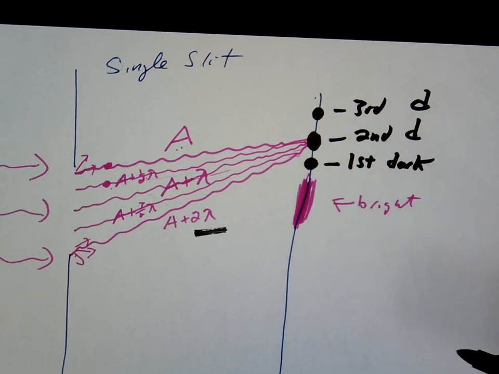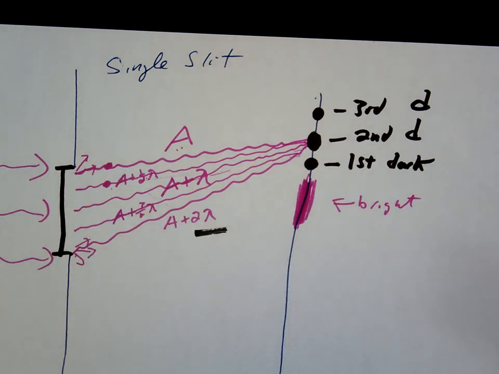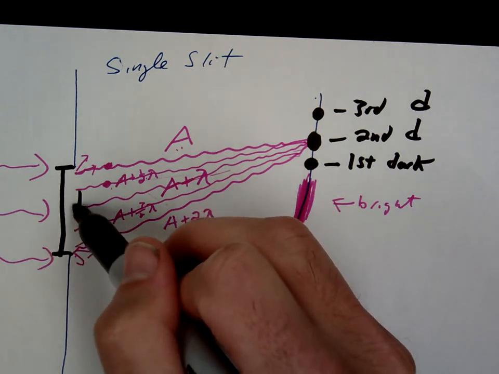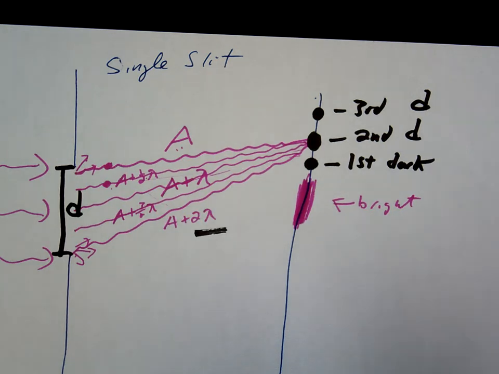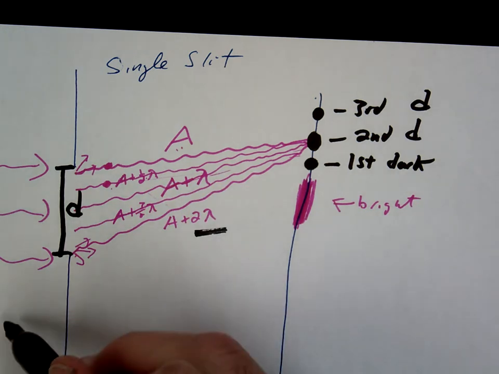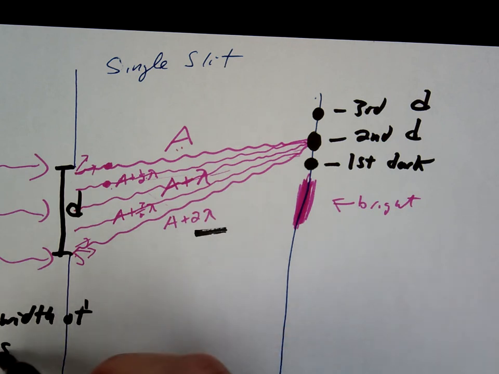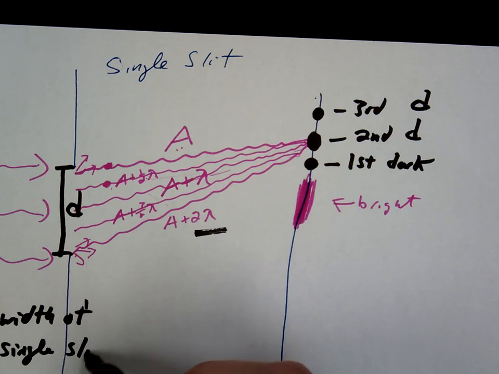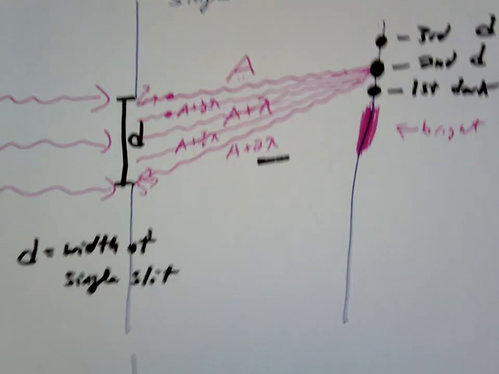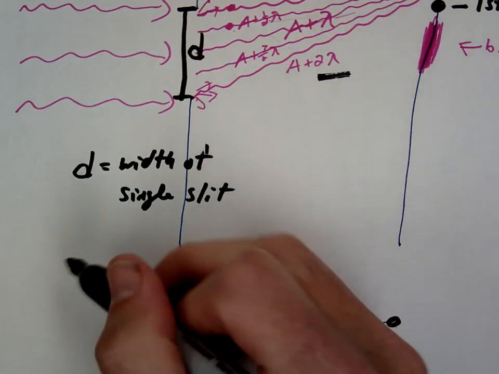Now the equations we use are going to be exactly the same, except instead of the distance between the slits, we're going to define D as the width of the slit. A lot of times you'll just see that written as W for width, but just to keep our equations the same, we'll call it D. So what are the equations again, just so we have them in front of us?